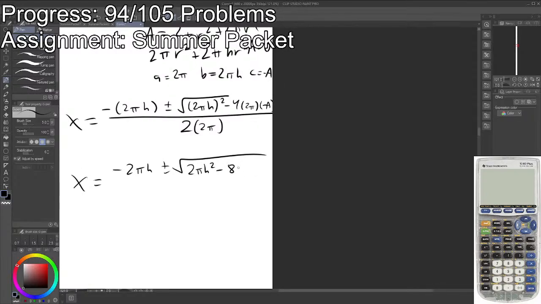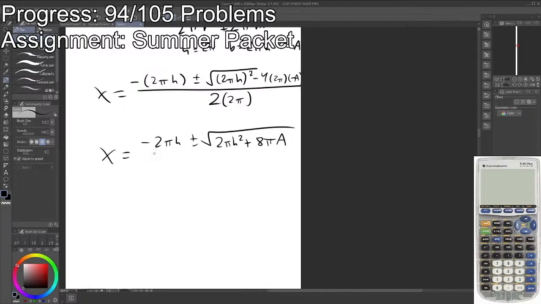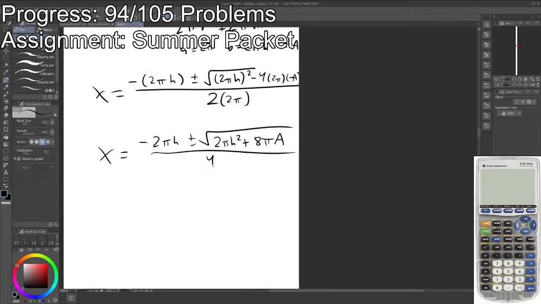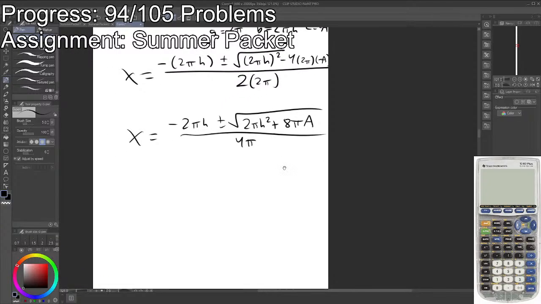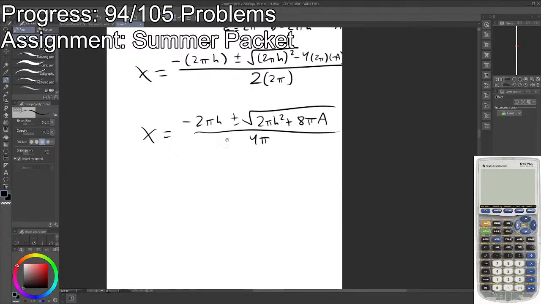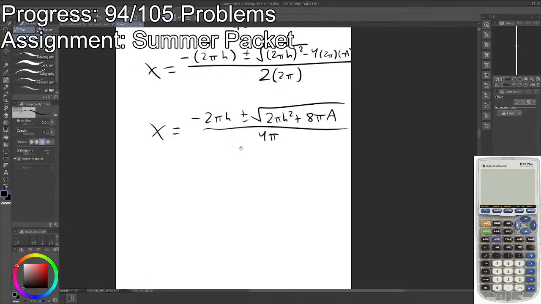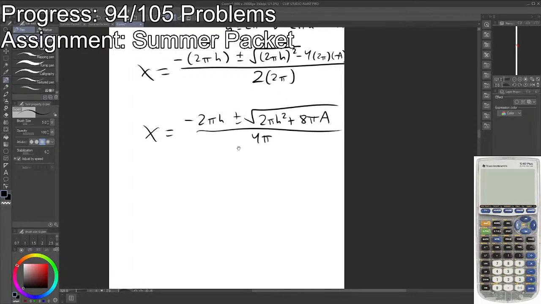Minus 8 pi a plus 8 pi a. Okay. What form do they have this in?